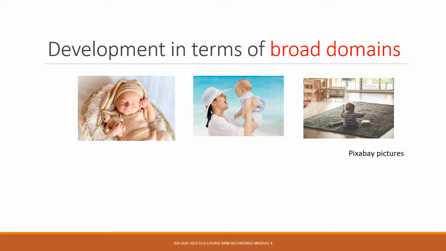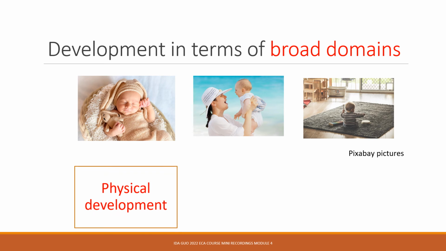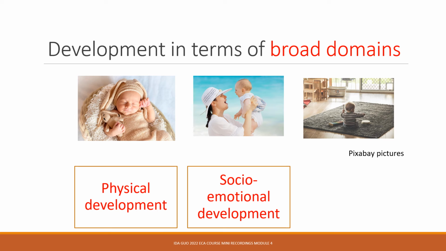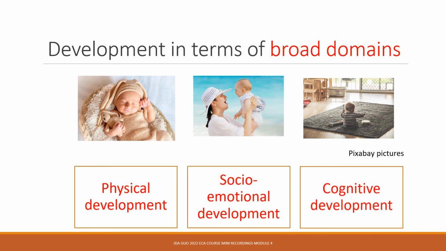Last but not least, the baby is trying to learn about the world through their senses and movements, and that's the baby's cognitive development. So again, the 3 broad domains are physical development, social emotional development, and cognitive development.